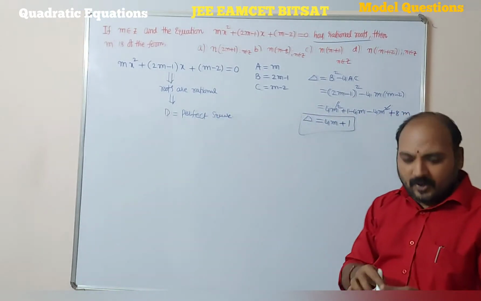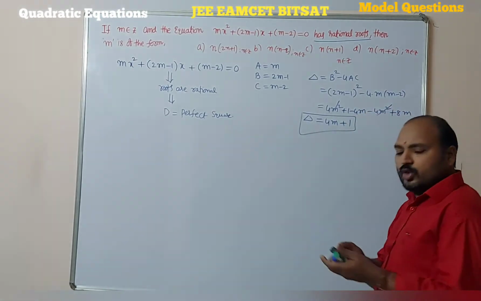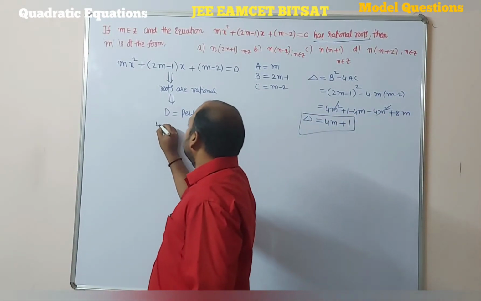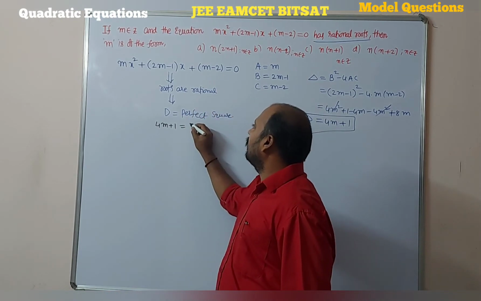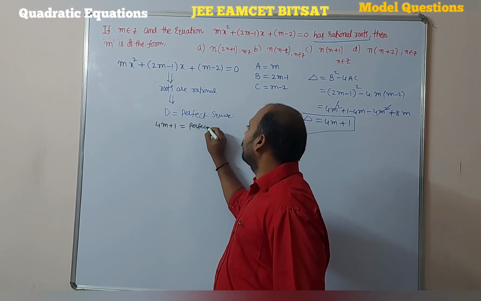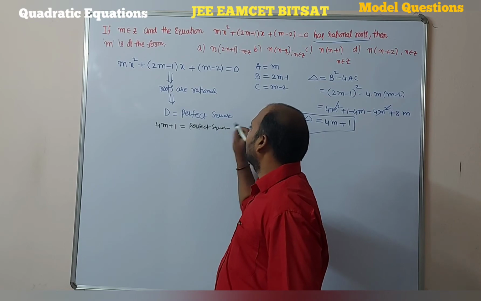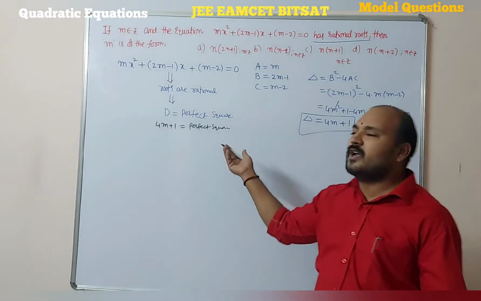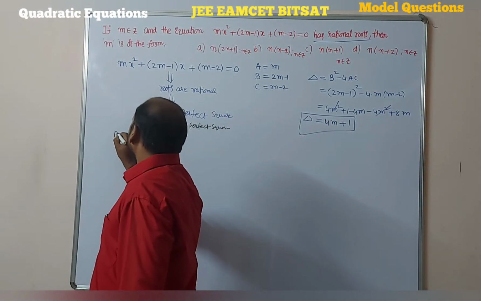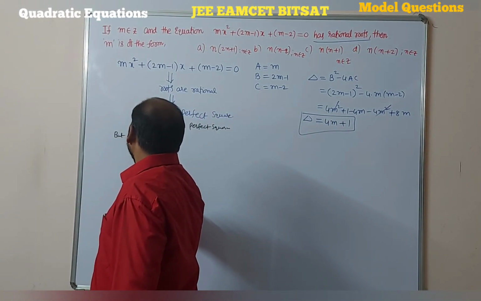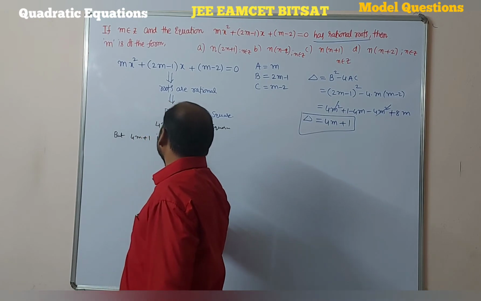So d should be perfect square. What is d? We got it here, 4m plus 1. Discriminant value 4m plus 1 is a perfect square. But 4m plus 1 is not a perfect square by observing, it is an integer. But 4m plus 1 is an integer.